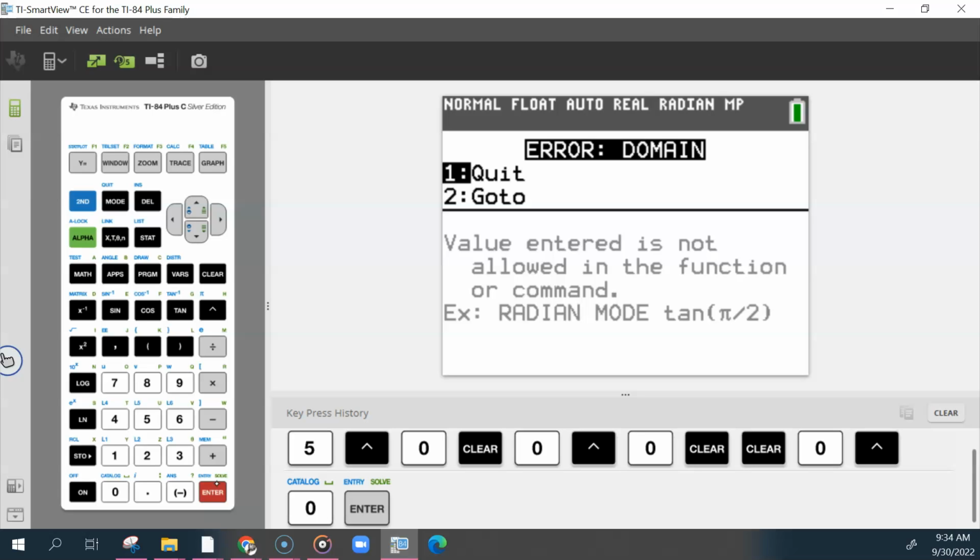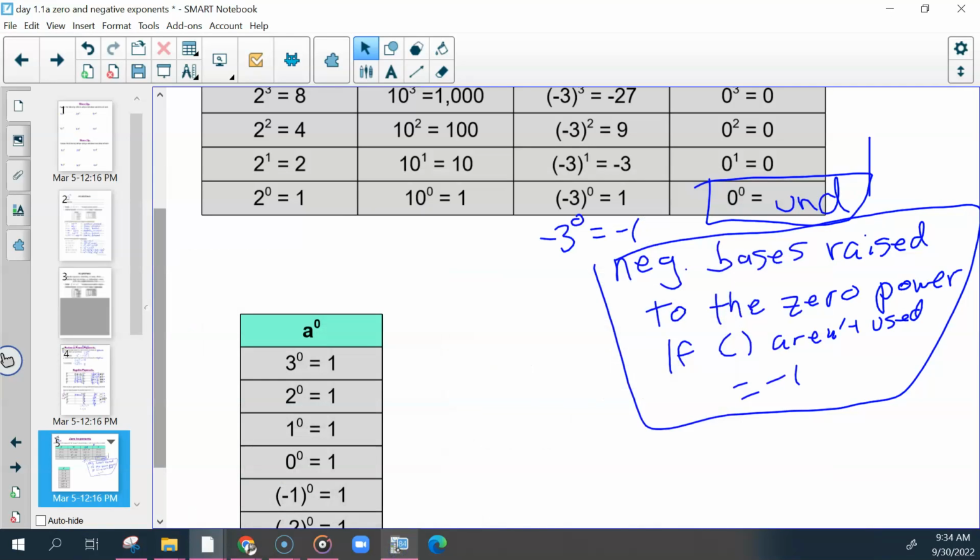Unless it's a negative. So I do want you to write this down. Negative bases raised to the 0 power, if parentheses aren't used, will be negative 1. But besides that, everything else will be 1. So you have two choices, 1 or -1.